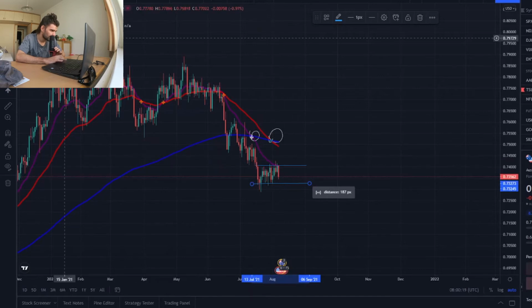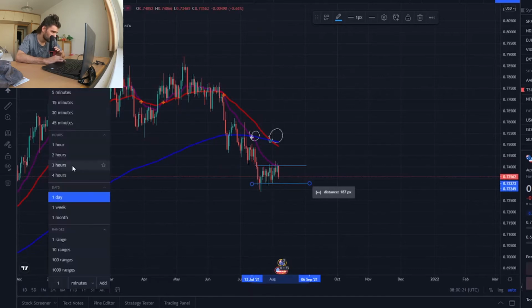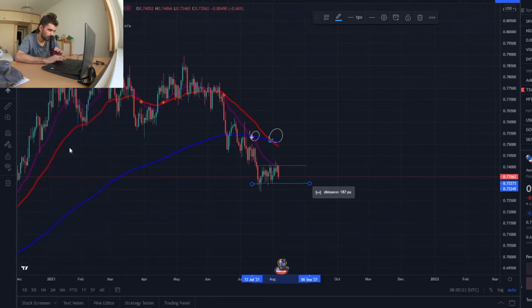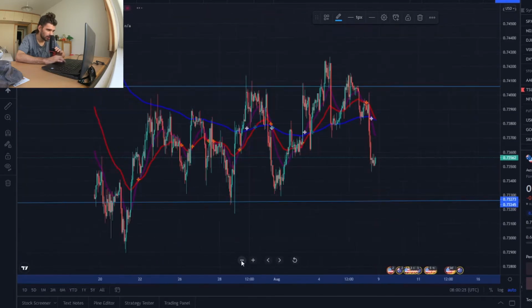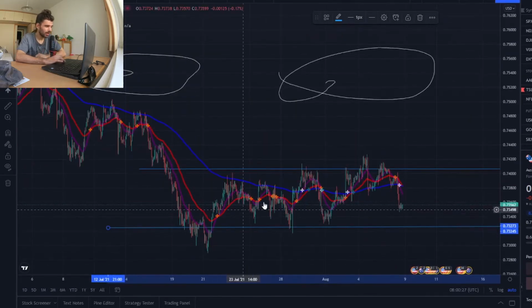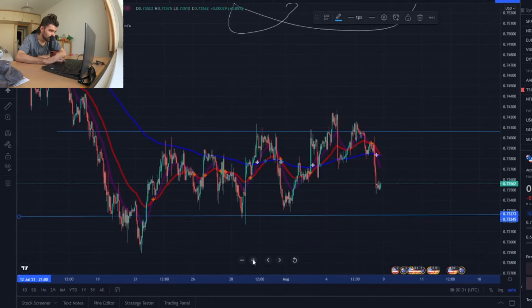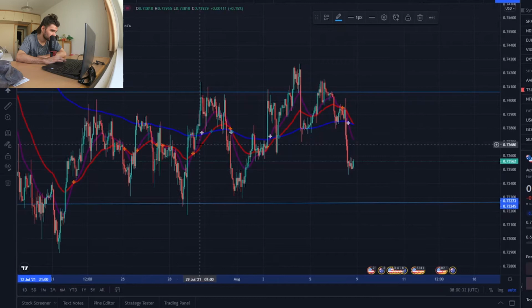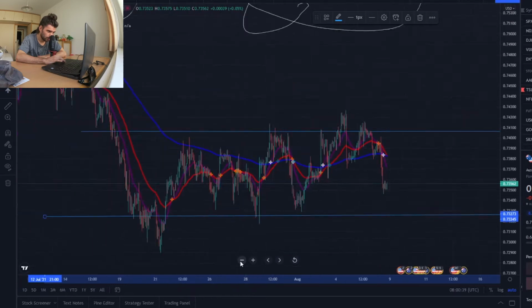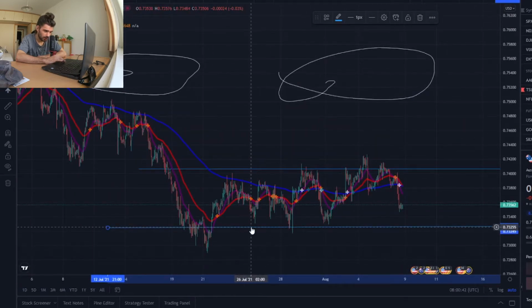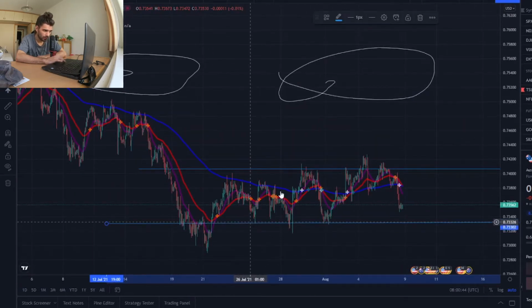And so if we are capable of finding this kind of situation where we are heading sideways, we want to scale down to the 1 hour chart, and here we want to enter some support and resistance lines to figure out where the market is trading, or within what ranges.